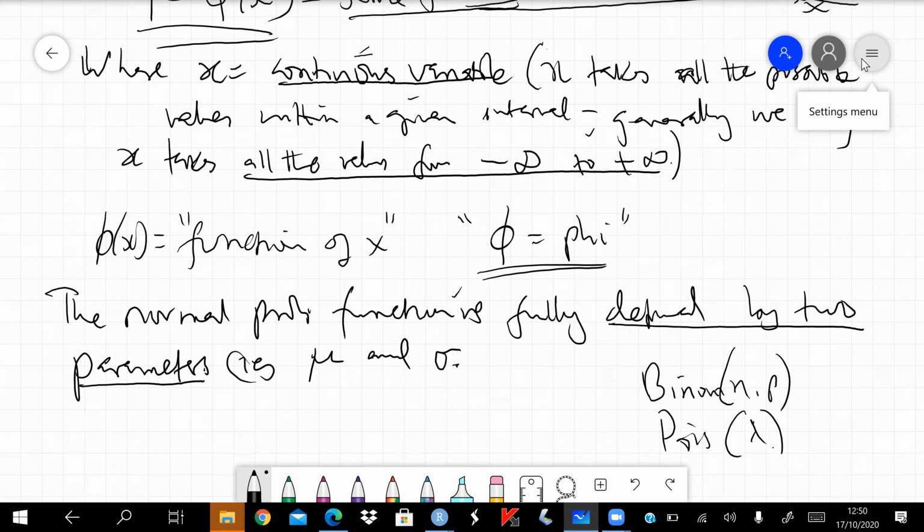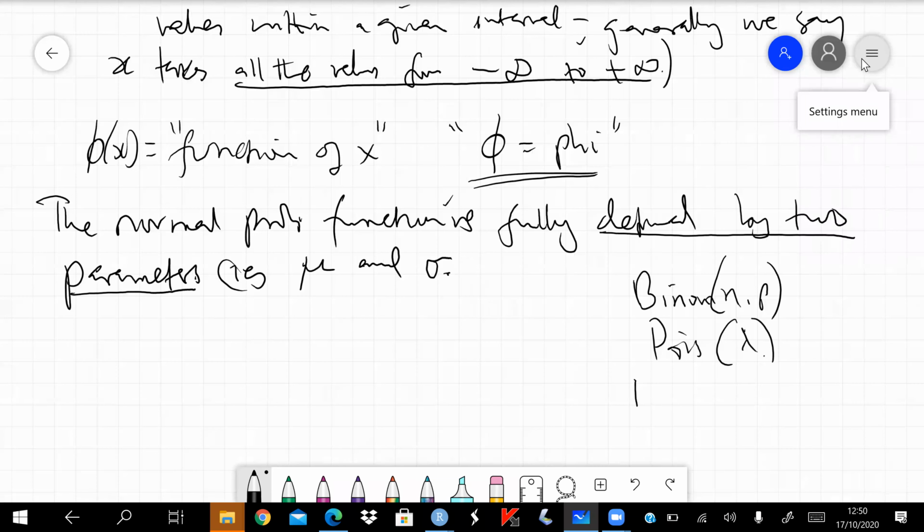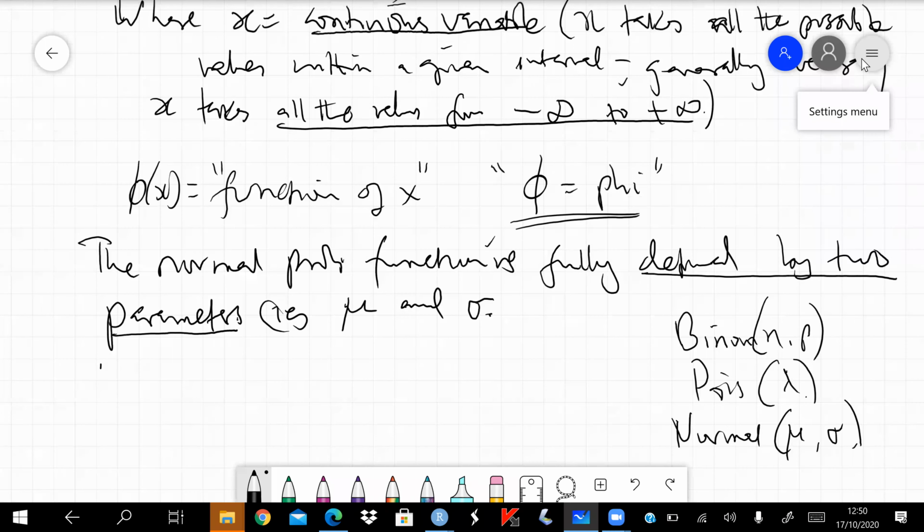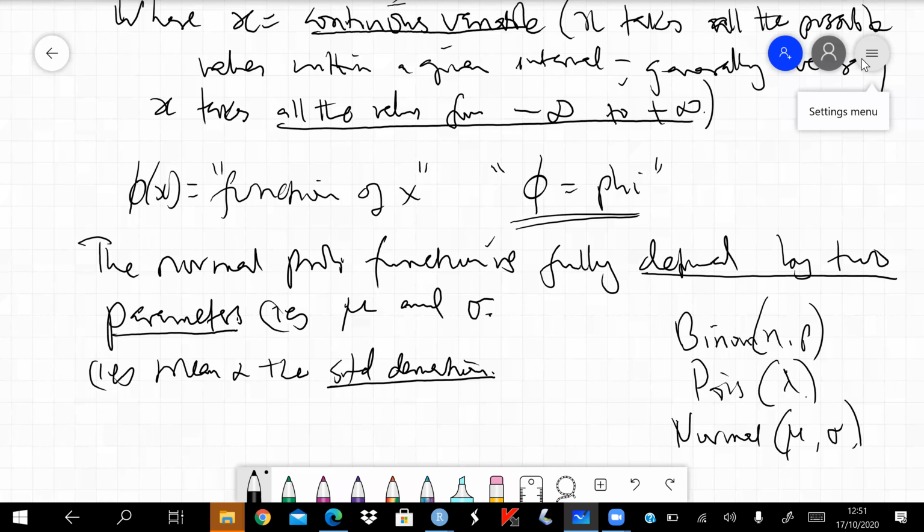So for the normal distribution, you need mu and sigma, that is the mean and the standard deviation. These two things must be known. Sometimes you use the variance, not the standard deviation, but of course, you know that variance is sigma squared.